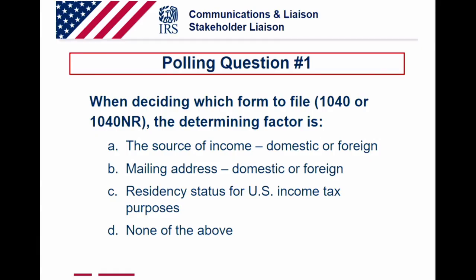When deciding which form to file, Form 1040 or 1040-NR, the determining factor is A, the source of income, domestic or foreign, B, the mailing address, domestic or foreign, C, residency status for U.S. income tax purposes, or D, none of the above. Now, if you did not receive the polling question, please enter only the letters A, B, C, or D that corresponds with your answer in the Ask Question text box.